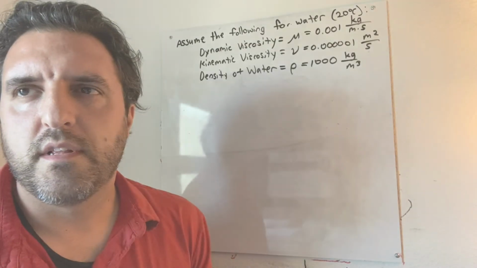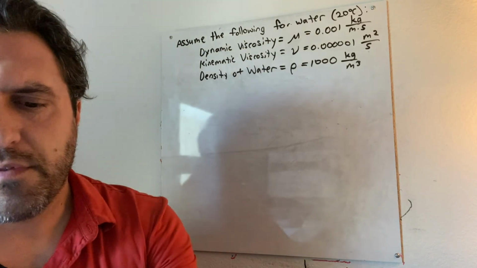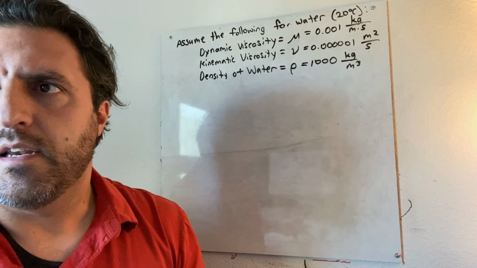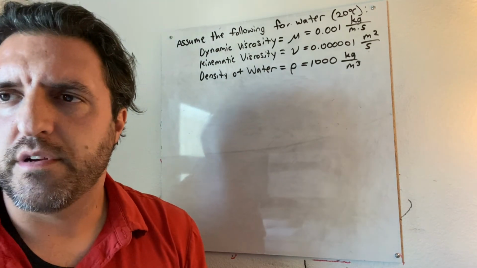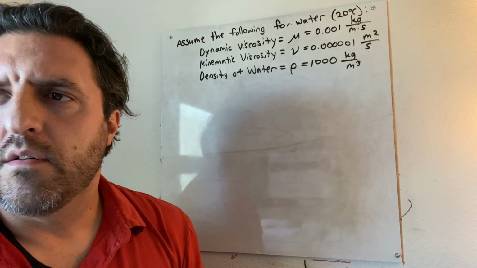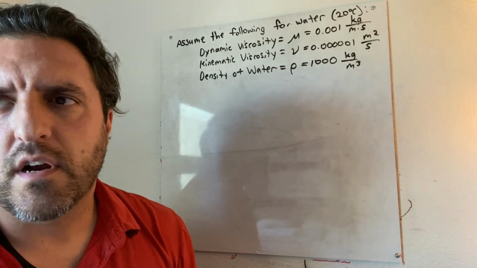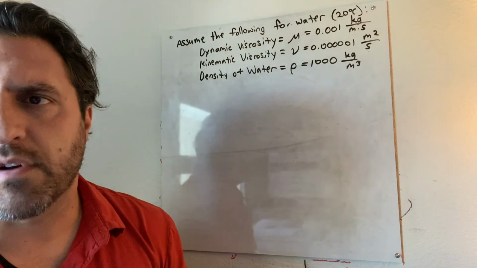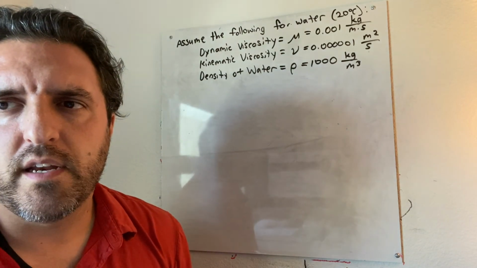All right, so let's start with the settling velocity in this example. So this is actually a review of a concept that we saw back in example 2-7 under the water treatment module. We are going to calculate the settling velocity using the iterative approach, starting with Stokes' law to calculate an initial velocity, and then we're going to check the Reynolds number and see if it's above or less than 1.